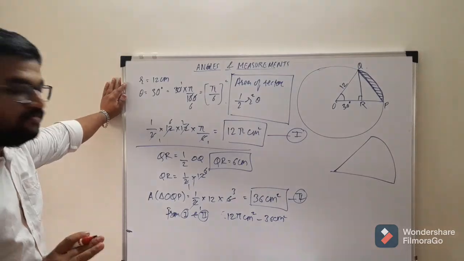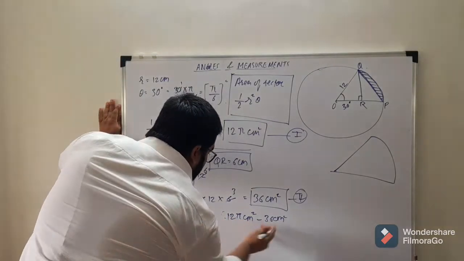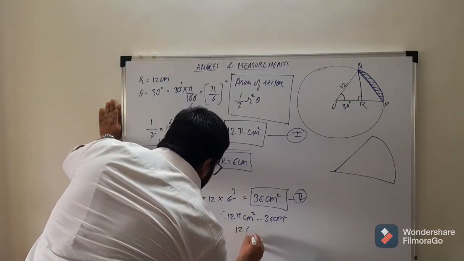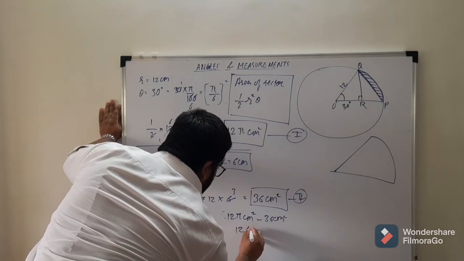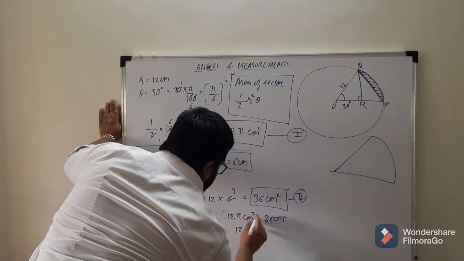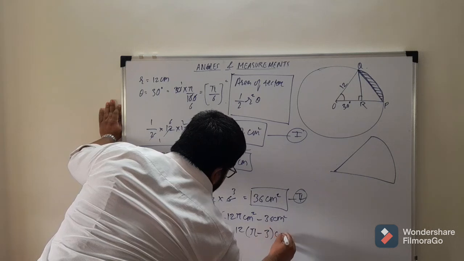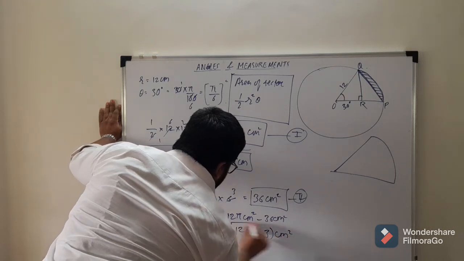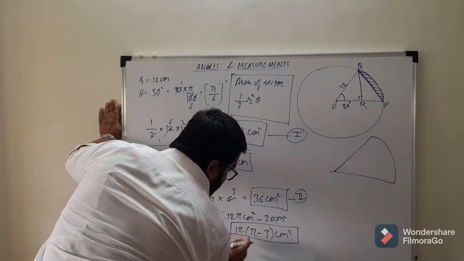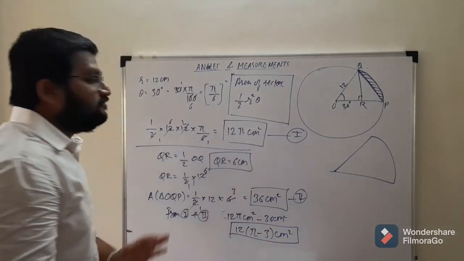Now we'll do one simple step here. We'll take the 12 common, that is 12 in bracket pi minus 3 centimeter square. So area of the hatched portion will be 12 in bracket pi minus 3 centimeter square.